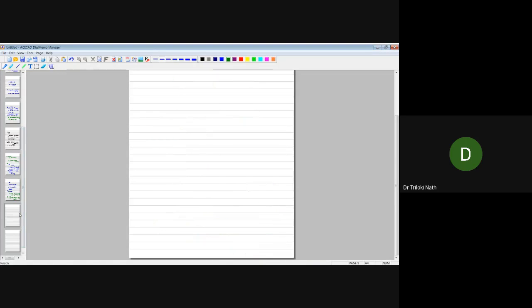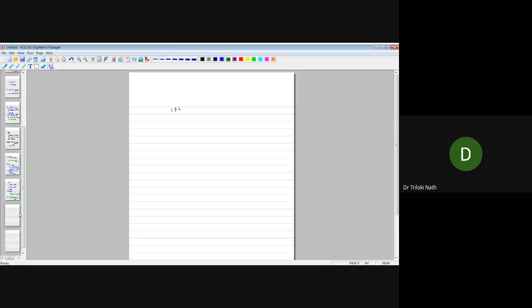So I am writing on the next page. A plus B plus C is alpha. Similarly, A plus B plus D is beta. Similarly, A plus C plus D is gamma. And B plus C plus D is equal to delta.